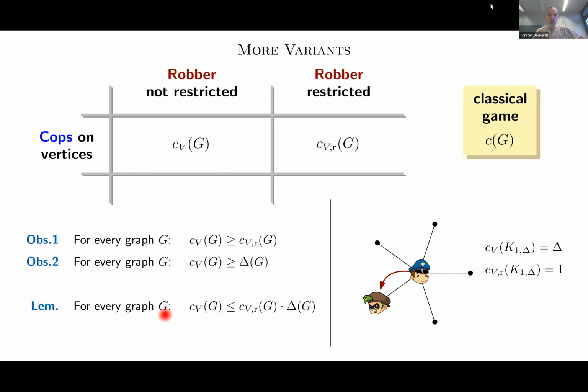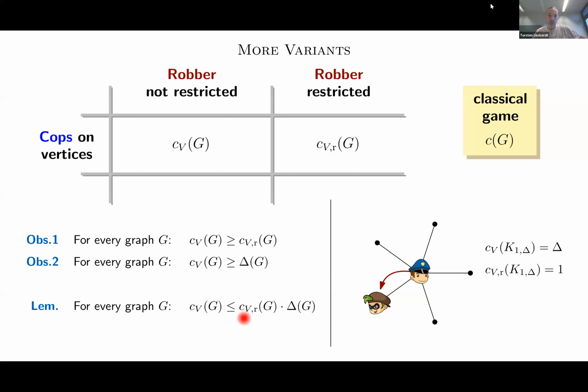So for every graph, the unrestricted surround number is at most the restricted surround number times delta. Let me also give you an idea of this proof. We have to prove an upper bound on the cop number, so we have to give a strategy for this many cops to always surround the robber.